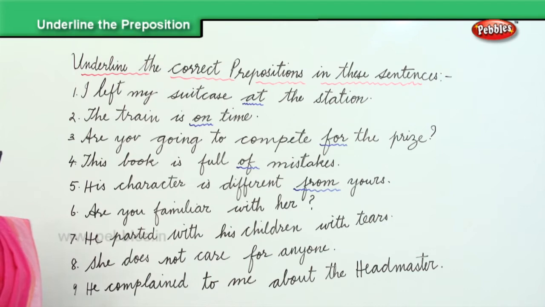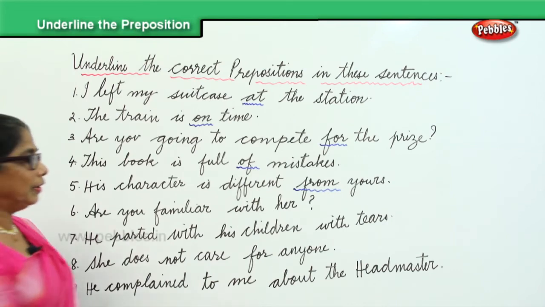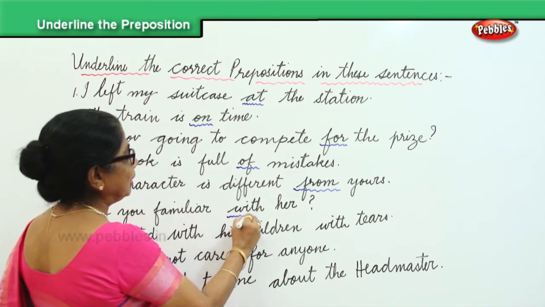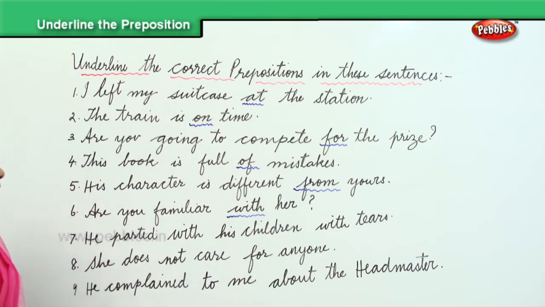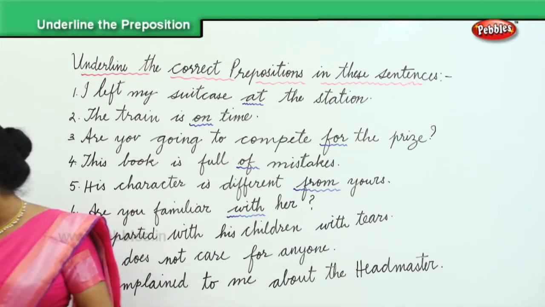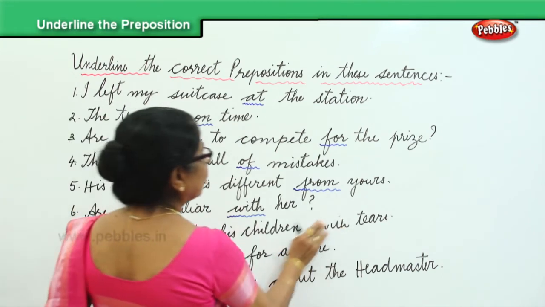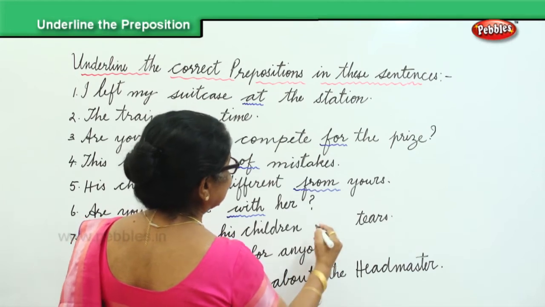Are you familiar with her? Very good. He parted with his children with tears, or you can say, he parted with his children in tears. You can say with, you can also say in tears.